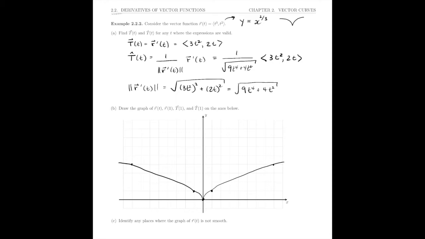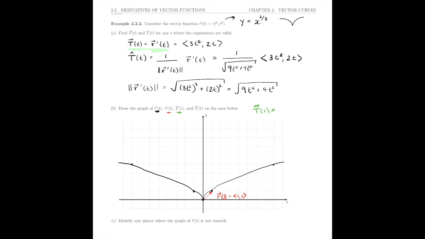Now we're asked to draw, so there's the curve, r of t, and r of 1. As I had done here, r of 1 is the radial vector, or the position vector. r of 1 is the vector 1, 1. So that's r of 1 done. Now T of 1. I'm plugging t, not t hat, t of 1, into the formula that we had for here, right?